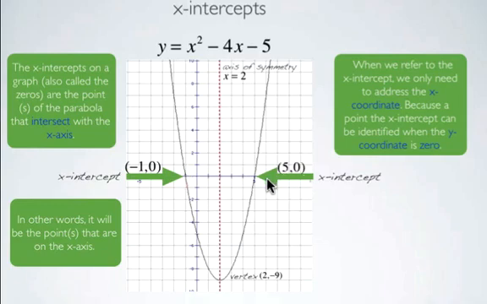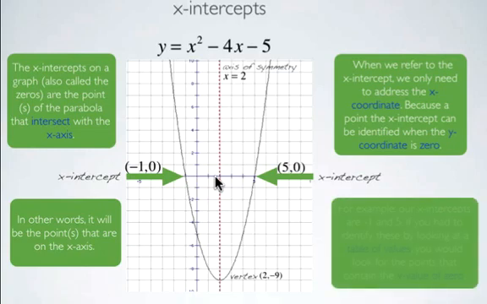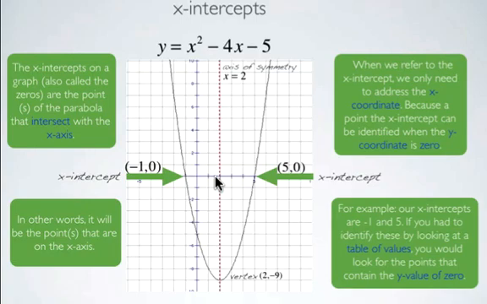Here, it's at 5. Notice that the second coordinate on both of them are 0. That's because y is equal to 0 at the x-axis. Our x-intercepts are negative 1 and 5.